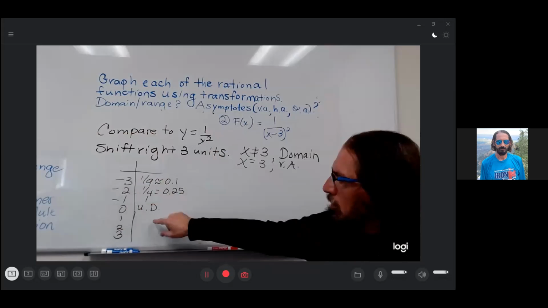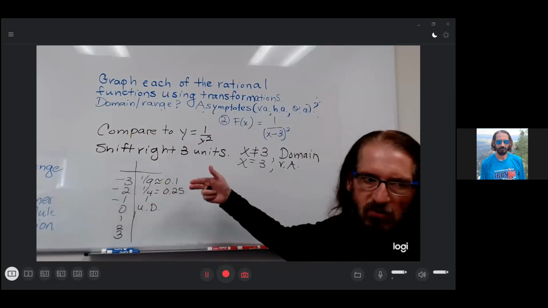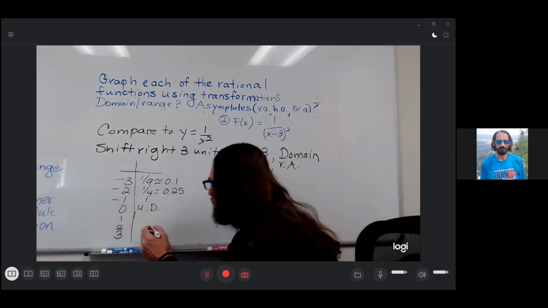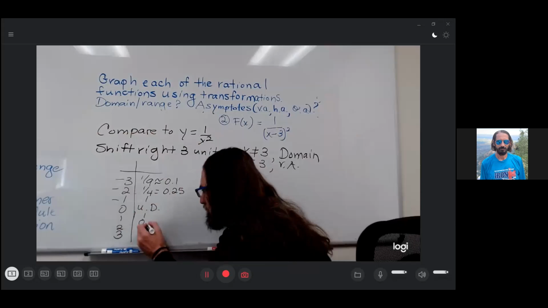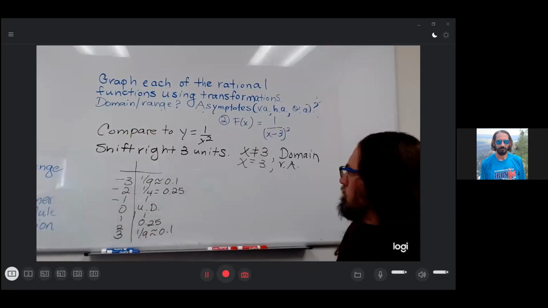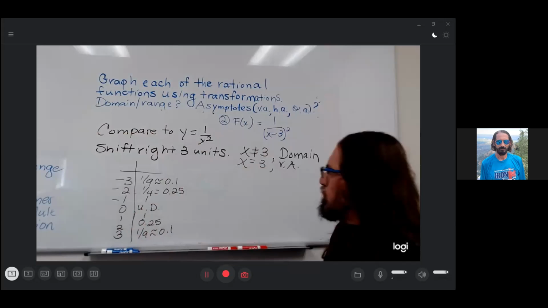This original will have y-axis symmetry. This is an even function. Squaring all those positives will give us the same result. So 1, 0.25, and 1/9, which is approximately 0.1. Well, we want to have those same y values.